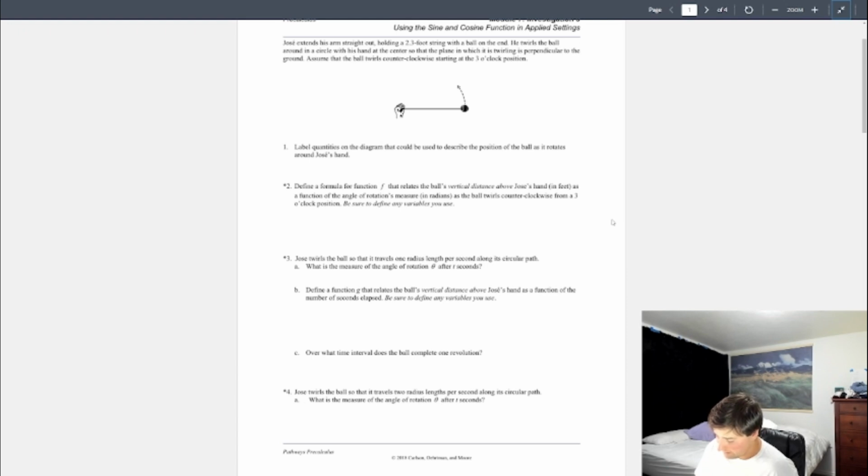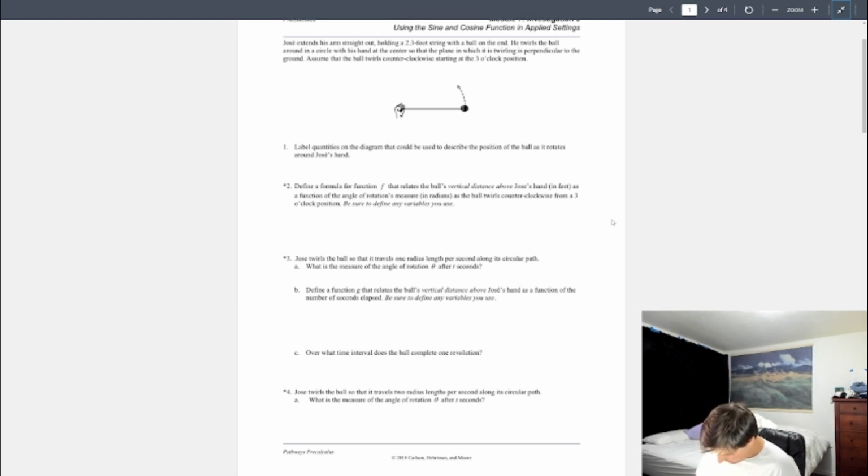Actually, it'd be sine times the radius. Radius equals the distance of the ball at 3 o'clock from Jose's hand. That's defined.